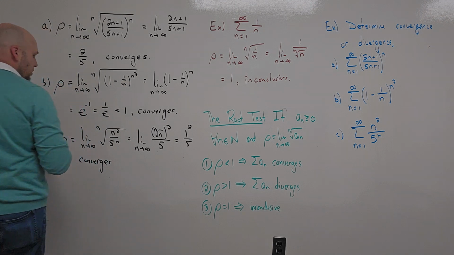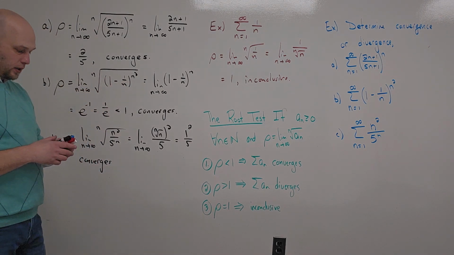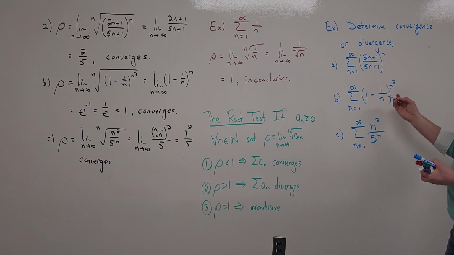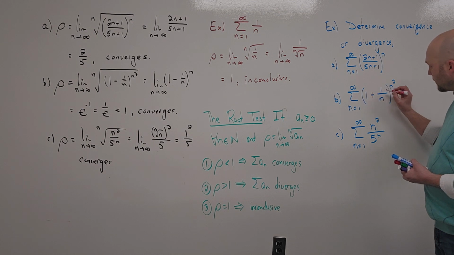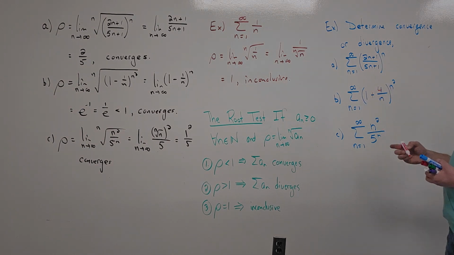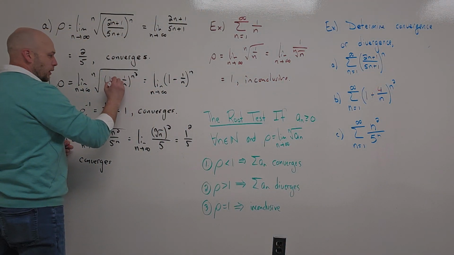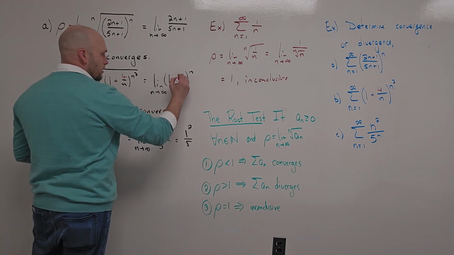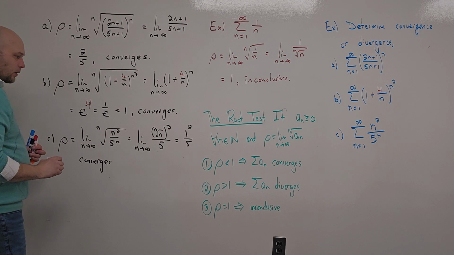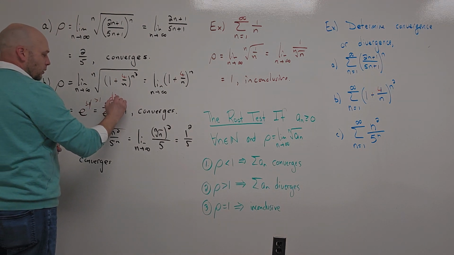If I go back to, let's say, this previous example, so now this one is done, but all the work is here. Let's say I was to change this to make that a plus, and let's make that a 4. So make this (1 plus 4 over n) to the n squared. What changes would we have in the solution? Well, this would be plus, that'd be 4. This would be plus, that'd be 4. Then make this e to the 4th, which would be bigger than 1, and therefore that one would diverge.